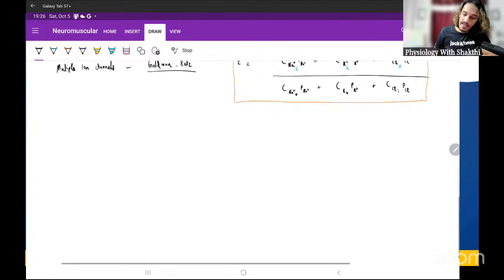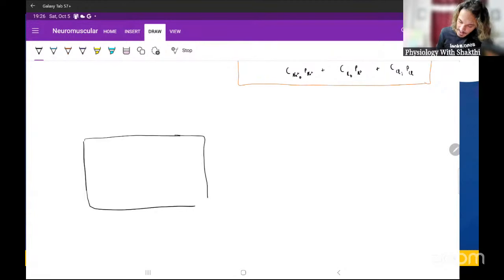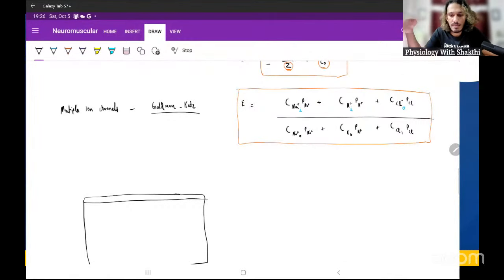Okay. We'll come to understand what is called a resting membrane potential. So we have a cell. It has a membrane. So remember, I was talking about a membrane having multiple channels.